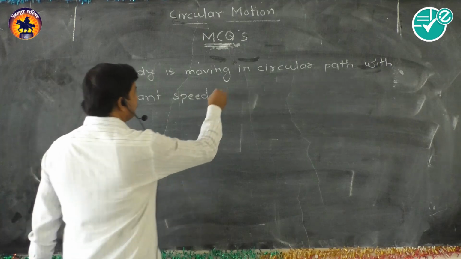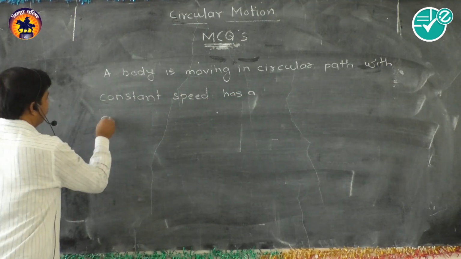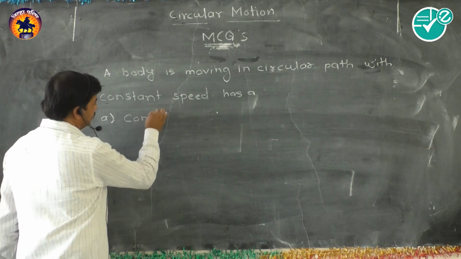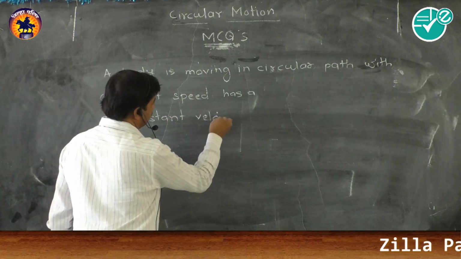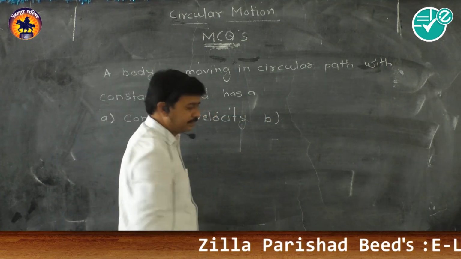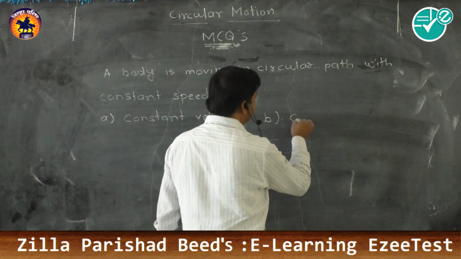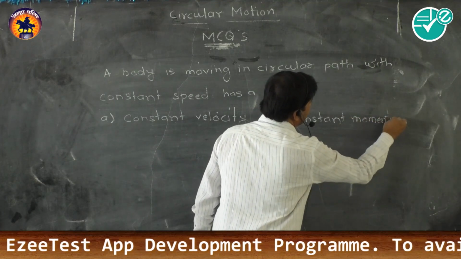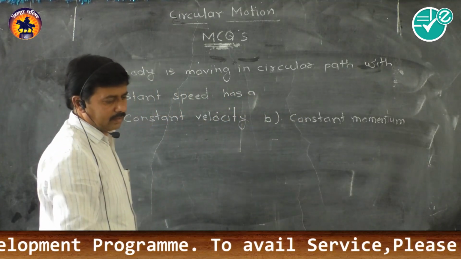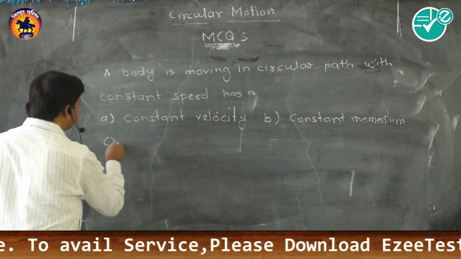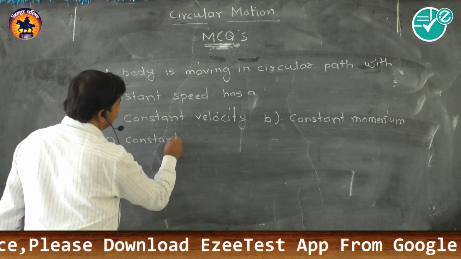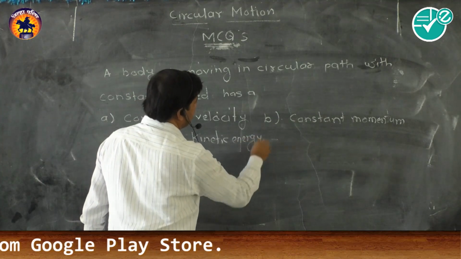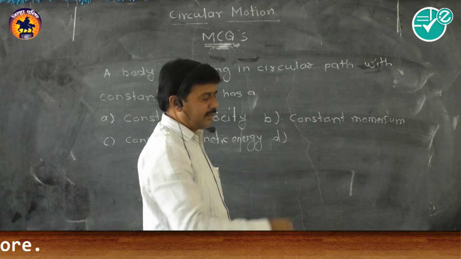The body has which of the following? The options are option A, a constant velocity, option B, constant momentum, option C, constant kinetic energy, and option D, constant acceleration.